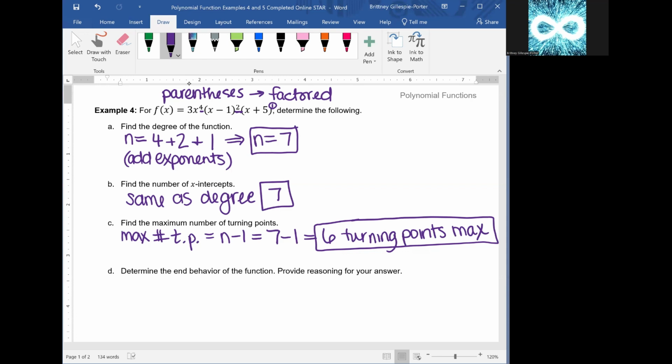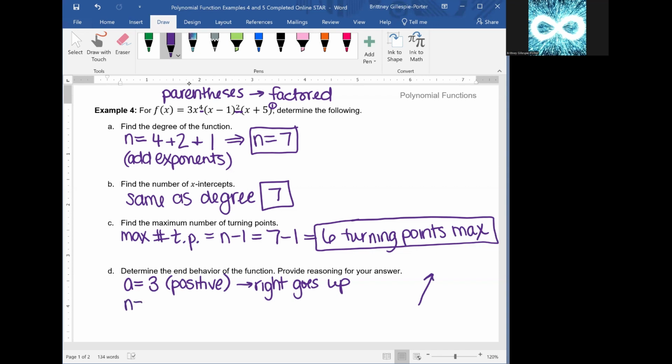End behavior. Remember, end behavior is all determined by your leading coefficient and whether your degree is even or odd. So if we look at our a, our leading coefficient, in this case is 3, which is positive. Because it is positive, that means on the right side, we go up, because we're ending on a positive note.